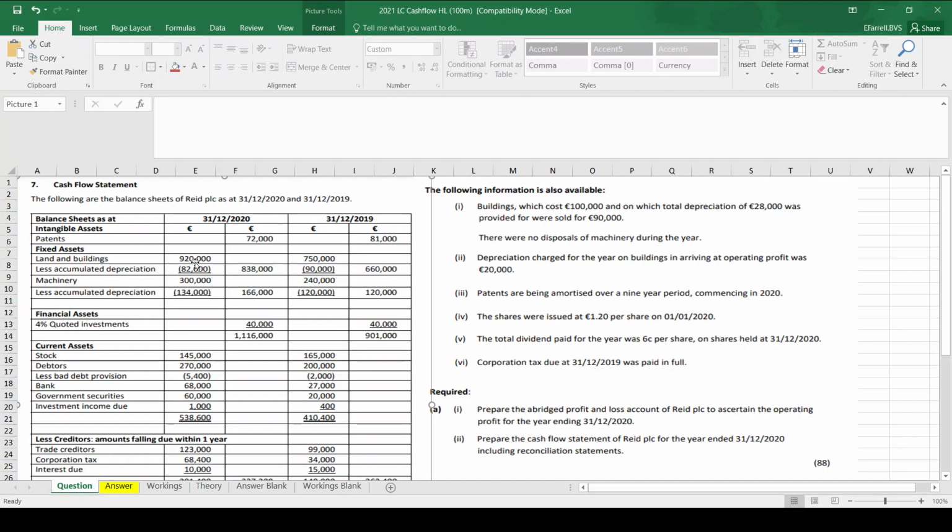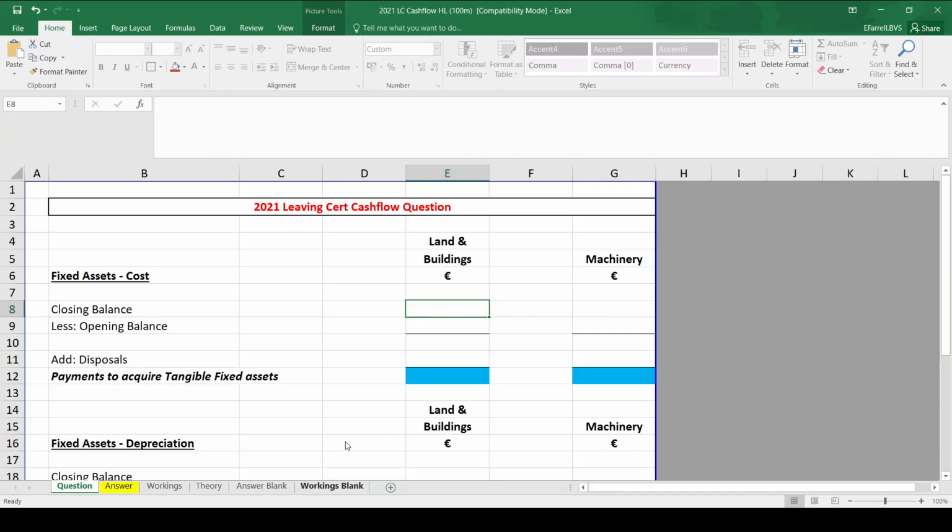So the land and buildings at the end were 920, at the start were 750. So 920 at the end and 750 at the start, they have gone up by 170,000. So if there are no disposals of land and buildings, that means they would have paid 170,000 for land and buildings.